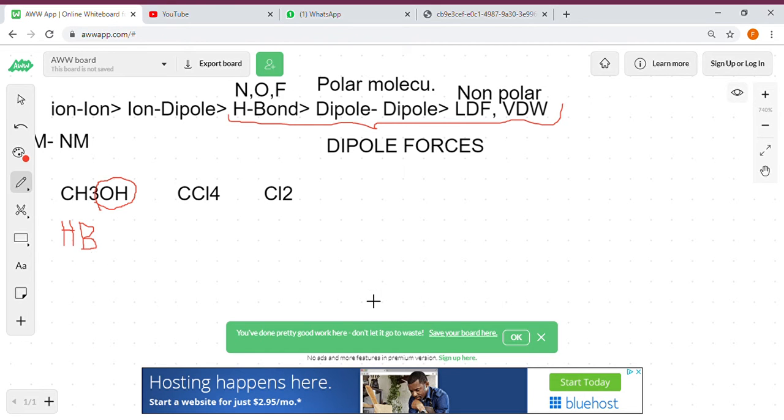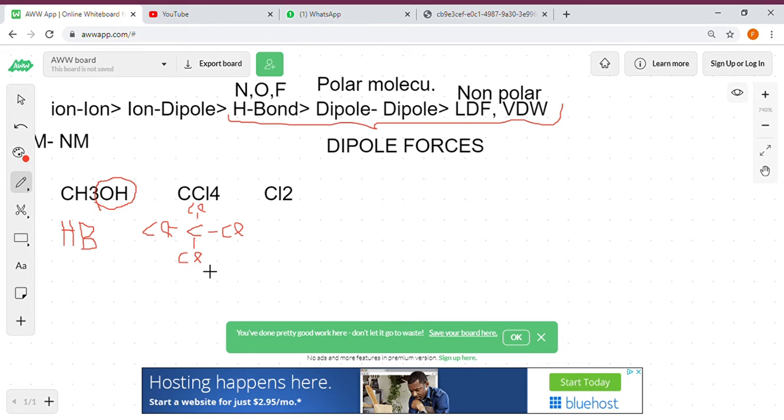Okay, then for the carbon with chlorine 4, you can do the Lewis structure, which is C with four Cl.